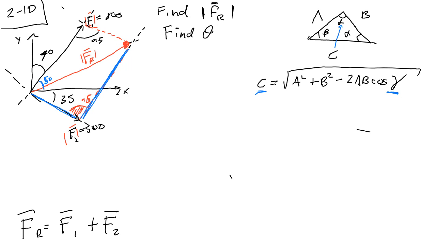Right, it has to add up to 90, this whole thing. So yeah, that was our 40, so that's 50. Same idea though. So now 50 plus 35, that's 85.